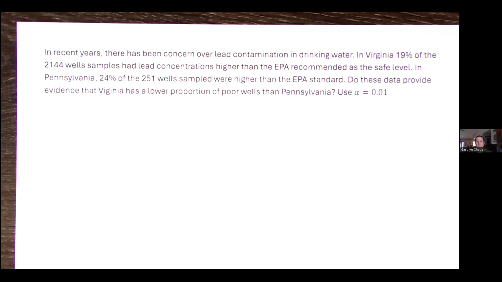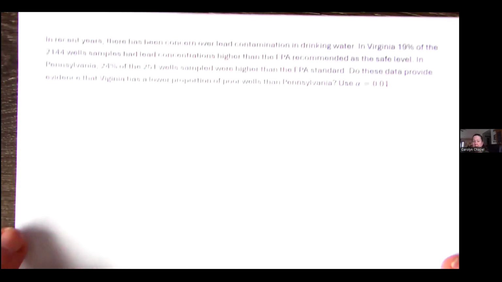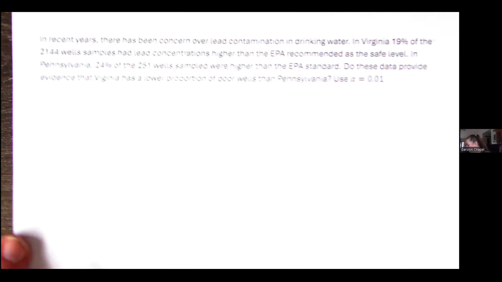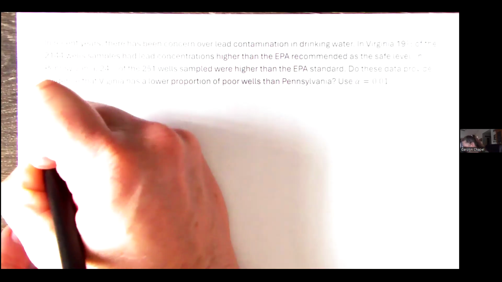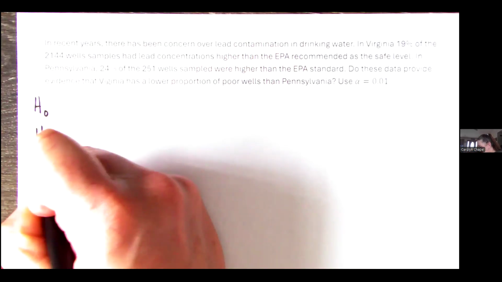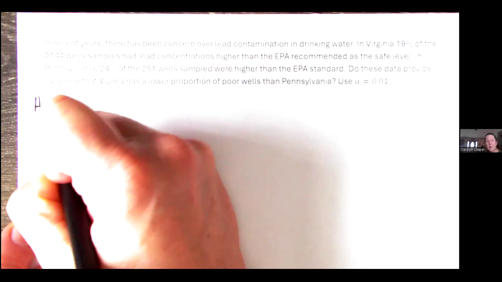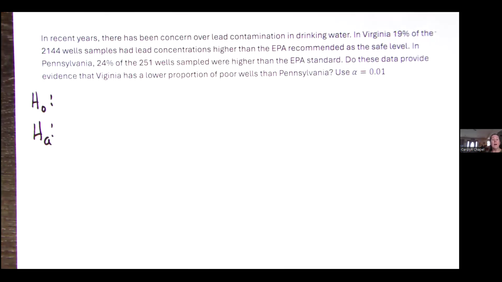Okay, so going through our 5 steps and using SALT to help us do the analysis. So we've got our 2 hypotheses. So we have to, again, when we're writing hypotheses, determine what type of situation do we have. So we have to be able to read this question and realize that we are talking about 2 different proportions.